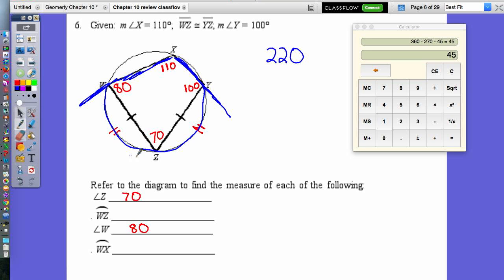Since arc WZY is 220 degrees, and it's made up of 2 congruent parts, each part is 110. So W to Z is 110. Now I'm going to look at arc WX.